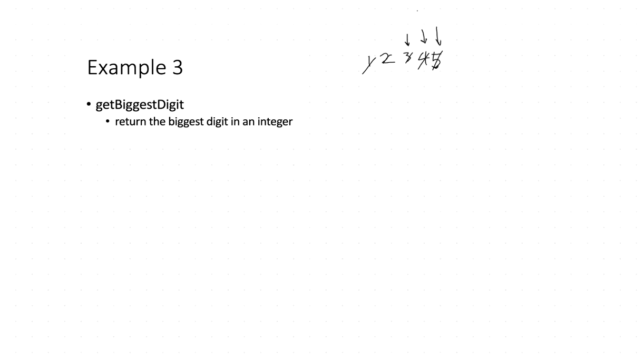But let's say we only just pass in 1. We can tell immediately that 1 is the biggest digit in that integer. So 1 is a version of this problem that is so small, you can get the answer immediately. So this would be the base case.